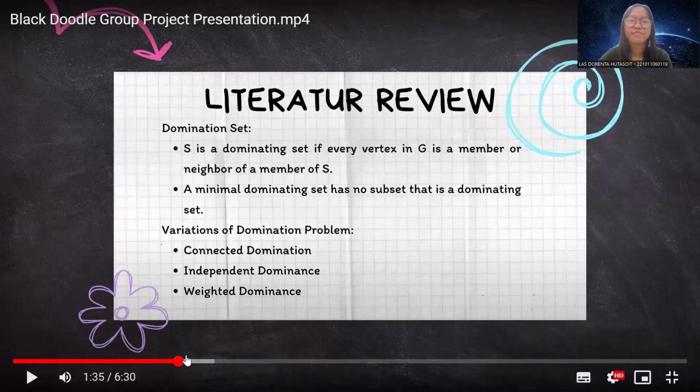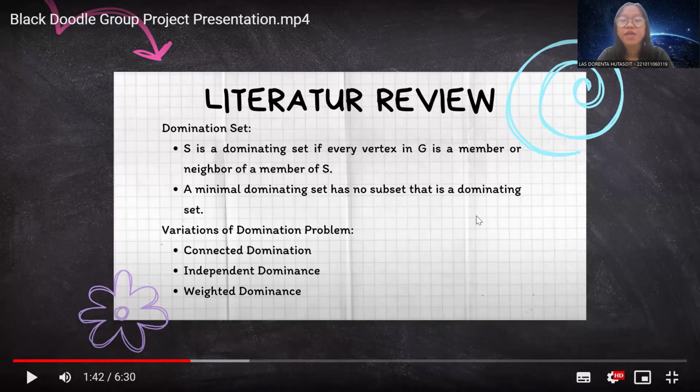Next, literature review. Dominating set. We now introduce the concept of dominating sets in graphs.